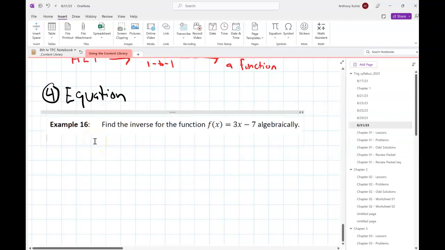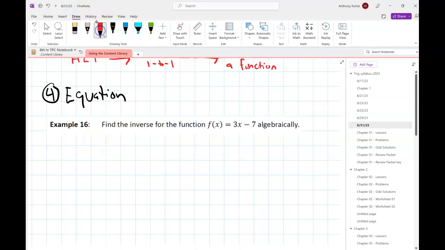So here, we're given an equation to represent our function. Here are the steps that we use to turn an equation into an inverse, or f into its inverse, where f is represented as an equation. These are going to be the same steps every time, but depending on what f looks like, the algebra I need to use to accomplish these same steps can be very different, okay?